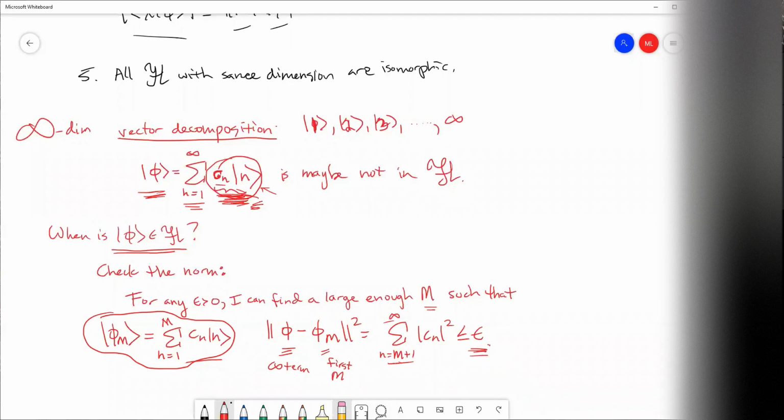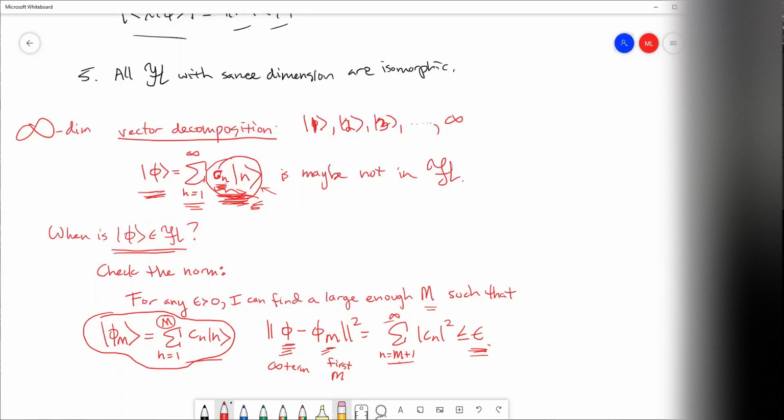So you have to make sure that those terms in the sum that shoot off to infinity become smaller and smaller in some sense, that you can always pick a finite number of terms such that you can get this phi closer and closer to the finite sum, right?